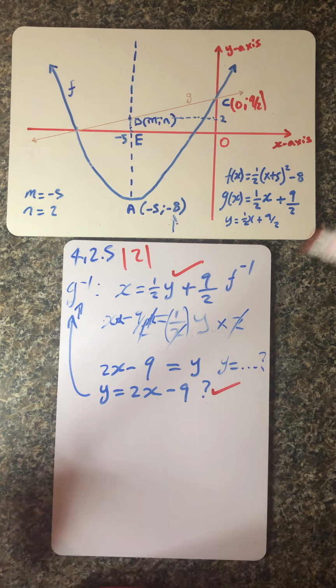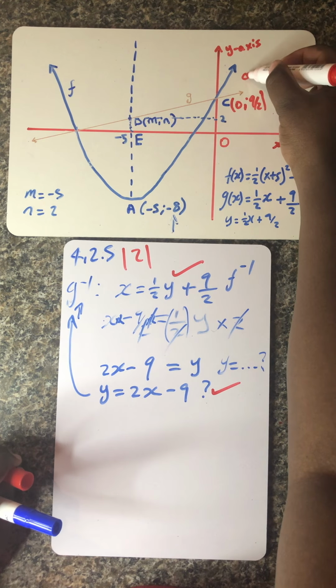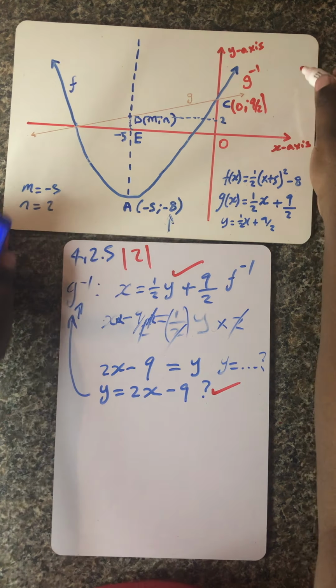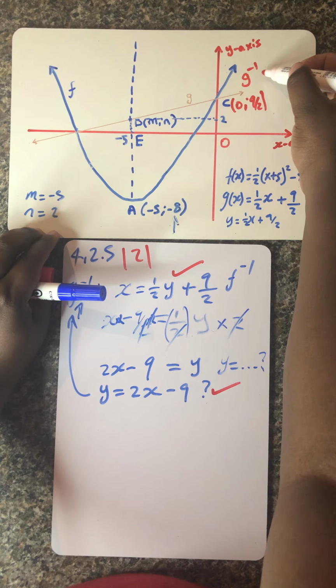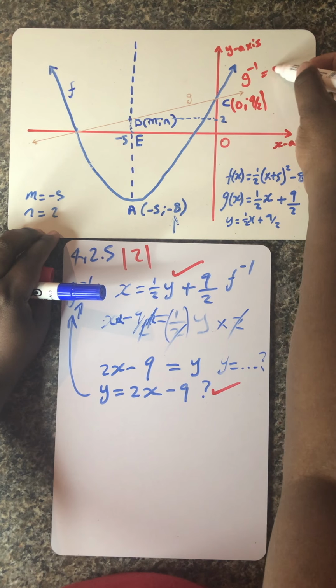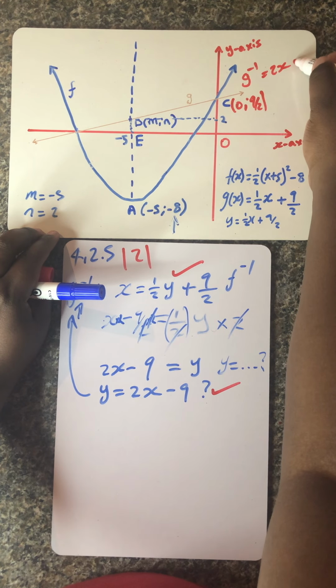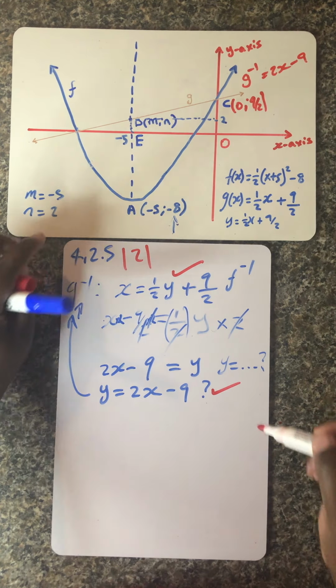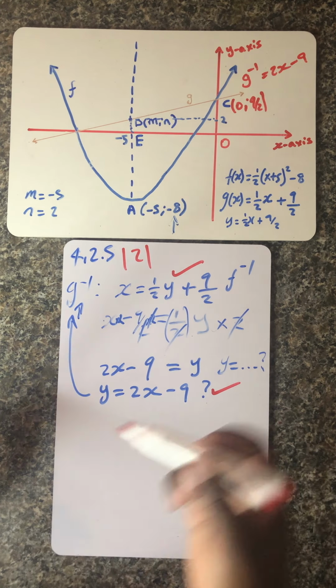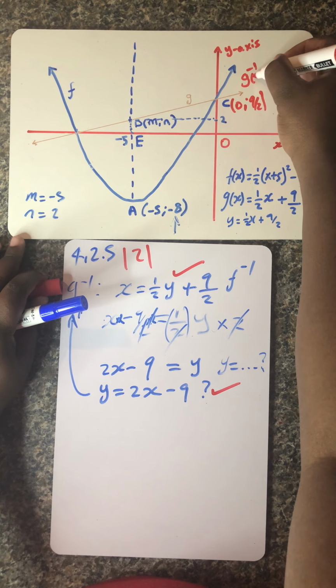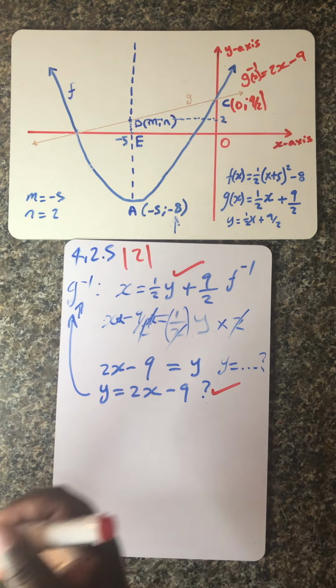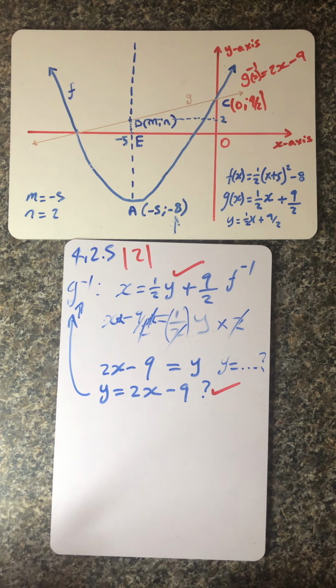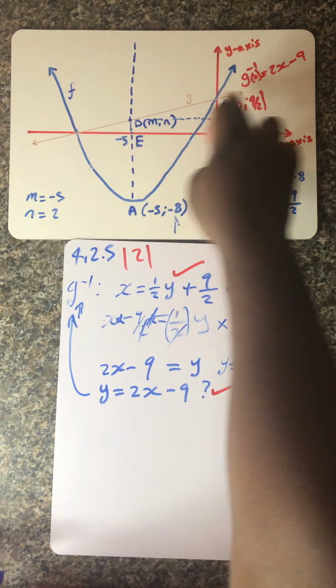So that means g inverse, okay, g inverse is equals to 2x minus 9. Okay, so that is g of x. Let me just write it in full there. That is g of x. That is the inverse of that graph of g.